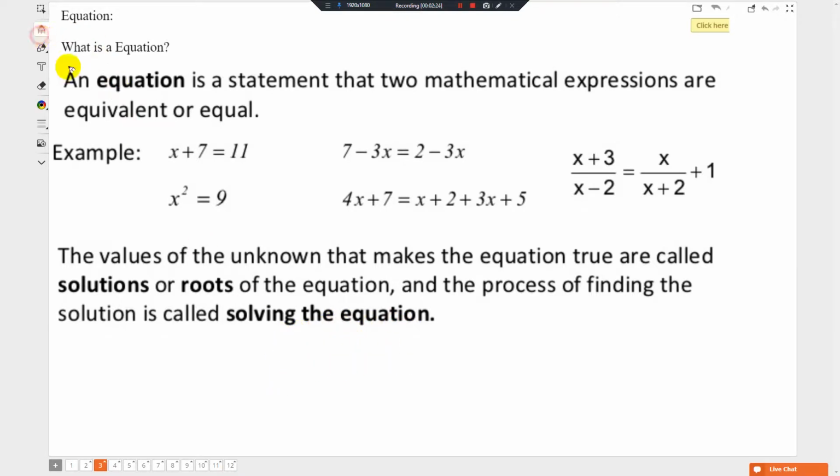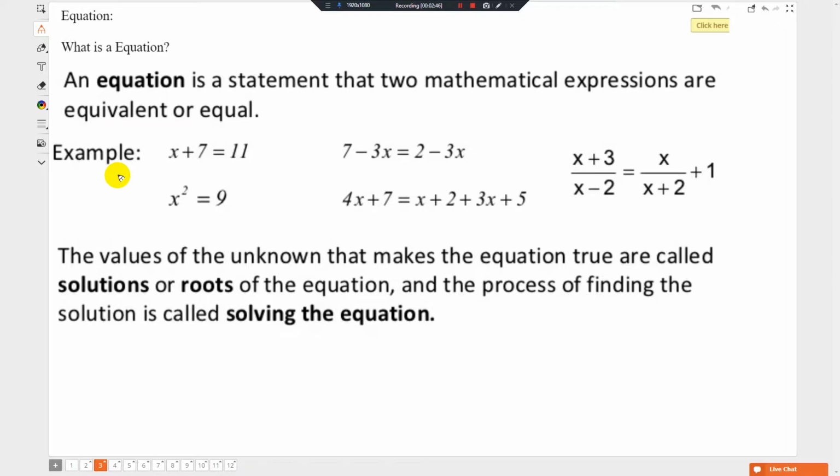Another statement for equation: when there is an equal to symbol between our expressions, that means the equation is completed.